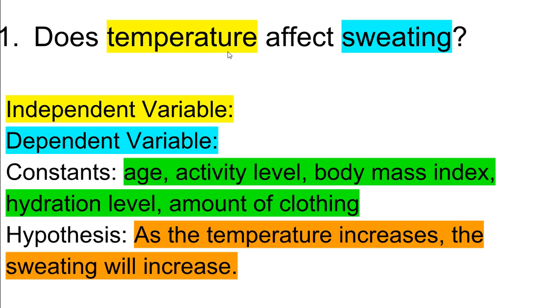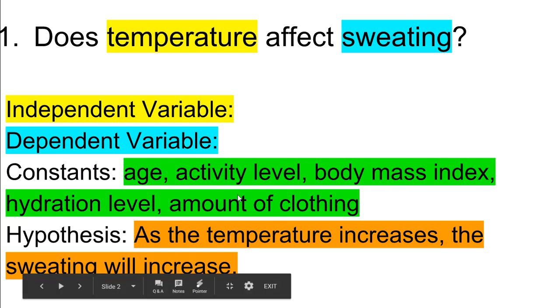We want to only isolate the modification of temperature. And all of these other things should be the same for each person we test this on. They should be the same age, they should have the same activity level, the same body mass index, hydration level coming in, the amount of clothing on should all be the same.